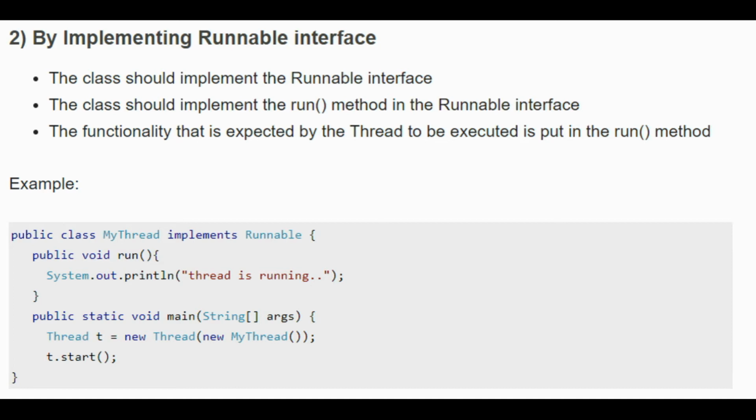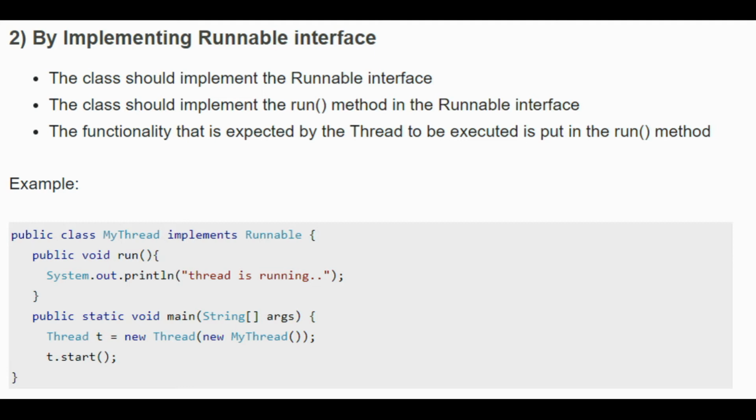In the above section we have implemented the Runnable interface with the help of the class MyThread that implements Runnable. Inside that we have the public void run method, and then System.out.println shows what we want to display.